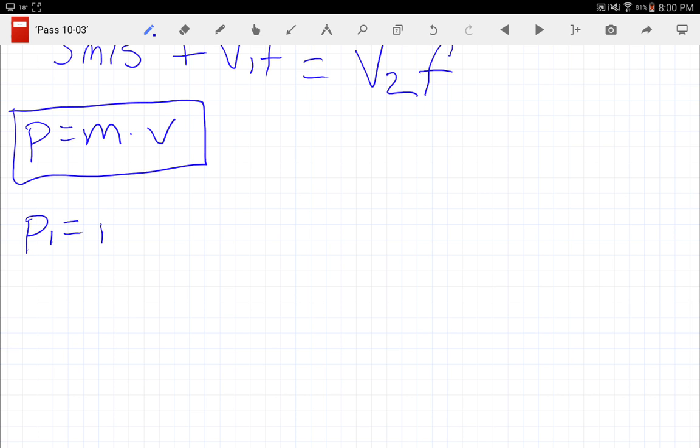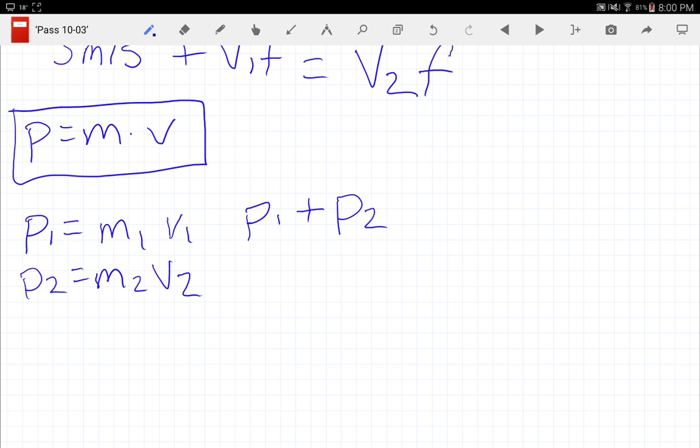P1 equals M1 V1, and P2 equals M2 V2, but you want to find the sum of P1 plus P2.